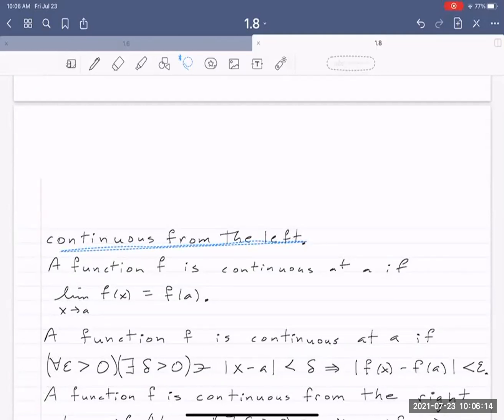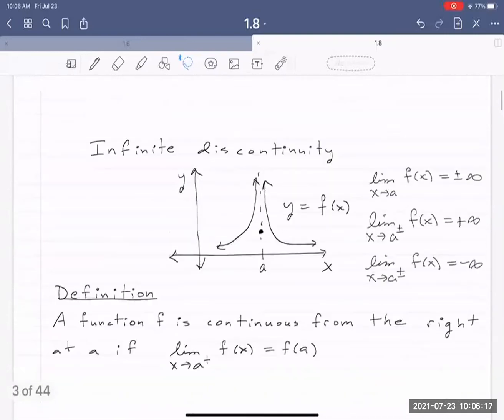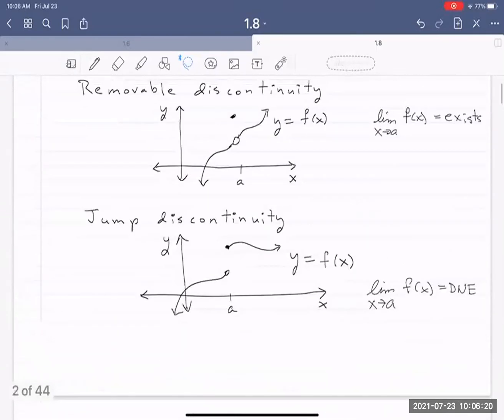So if somehow this function here was defined only, let's say here, this is your function, and this is not defined over here, then this is going to be continuous at a because it's only defined to the right of a, and it's continuous from the right.